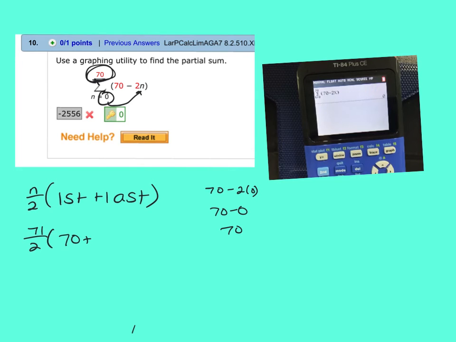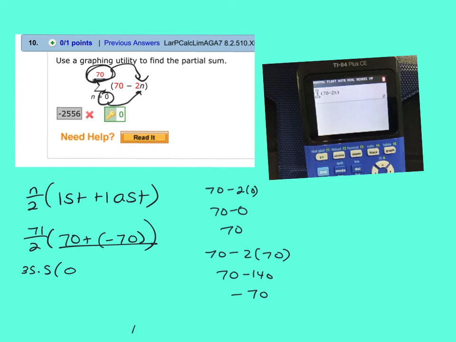And the last, I take 70 and plug it in. 70 minus 2 times 70, 70 minus 140, negative 70. So then this is 35.5, but this is negative 70 plus 70, 0. So you want to know how to do that without your calculator because you won't have it.